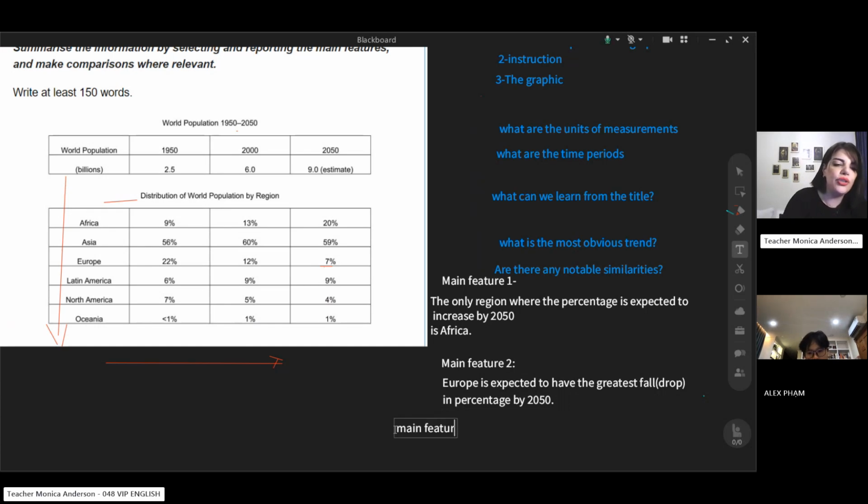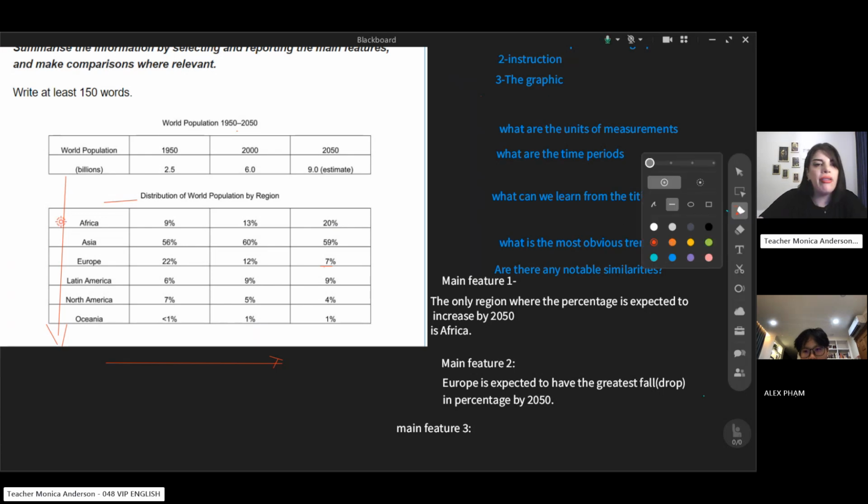Main feature 3, okay. So let's see, do we have any changes in percentage or, for example, fluctuation, like up and down like this? Do we have? Yeah, Asia. Of course.